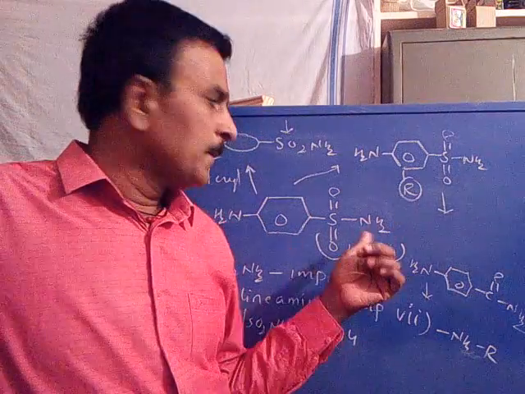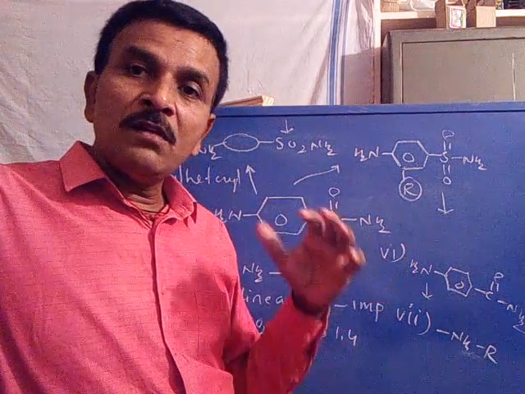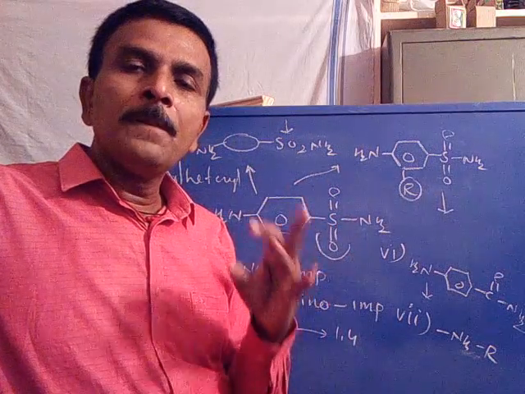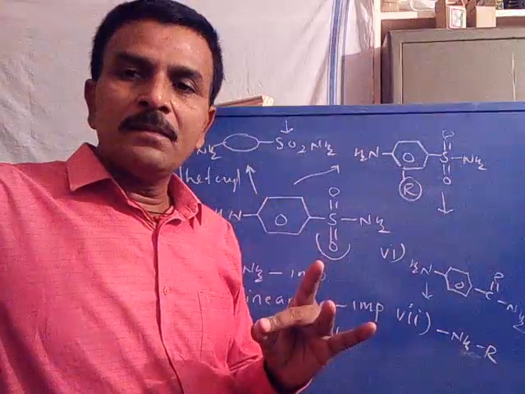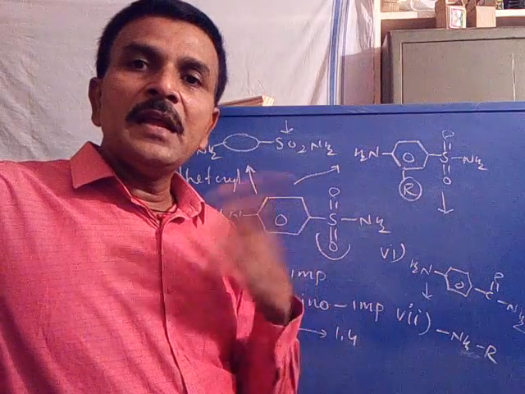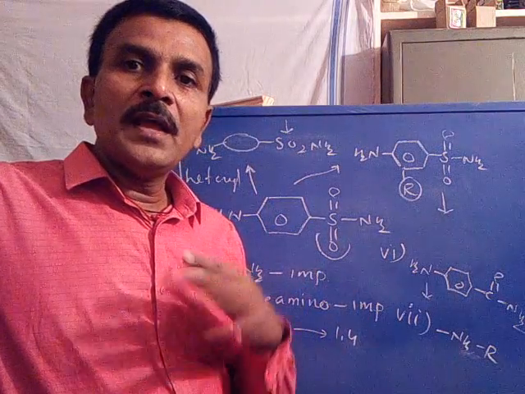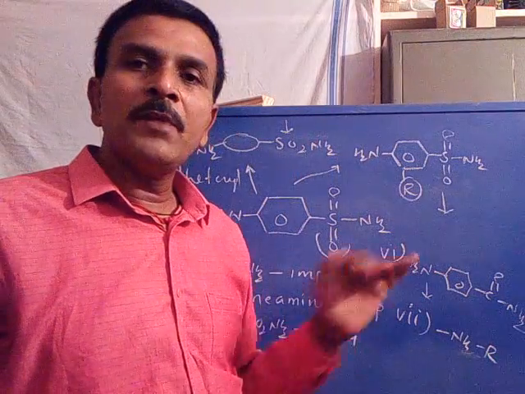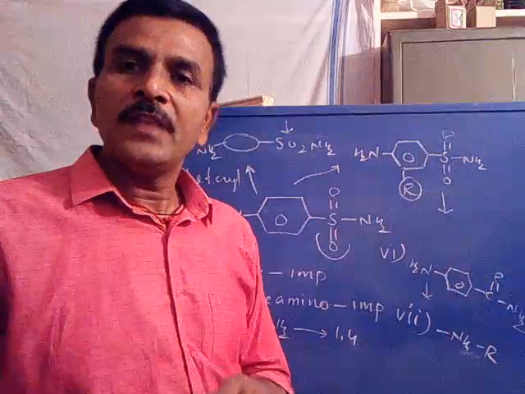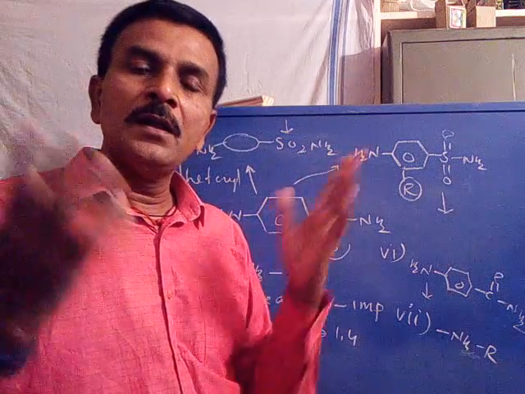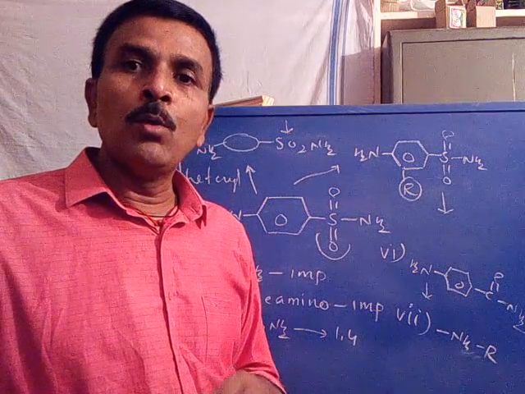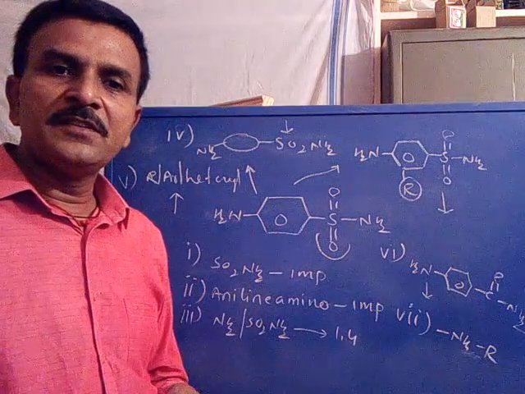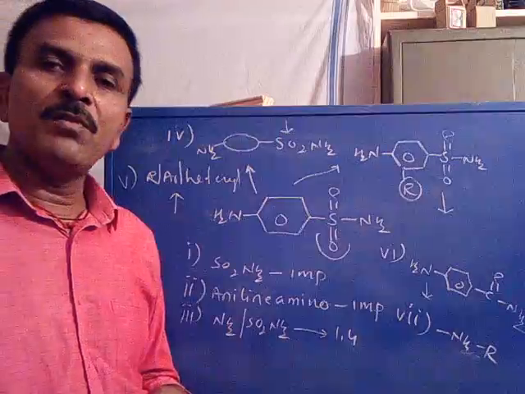Now the last one: replacement of hydrogen of the sulfonamide group by alkyl or aryl or heteryl may increase the activity. The activity is dramatically increased when we replace the hydrogen with a heterocyclic ring. We will get a new drug molecule with more activity. Is it clear? So this is about the structure activity relationship study of sulfa drugs or sulfonamides.